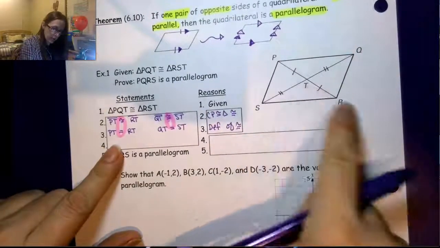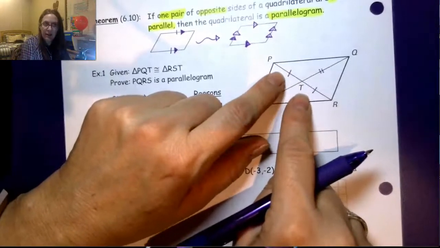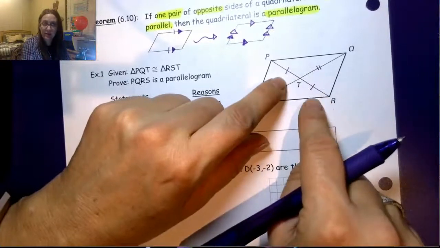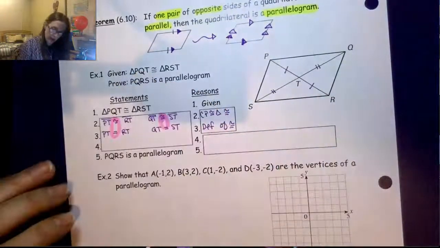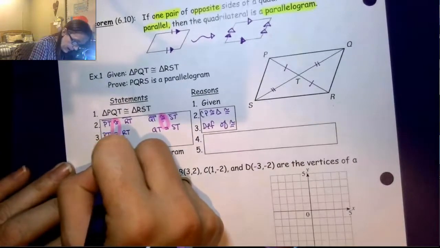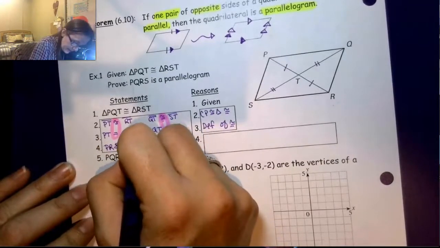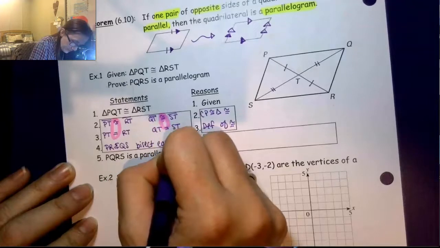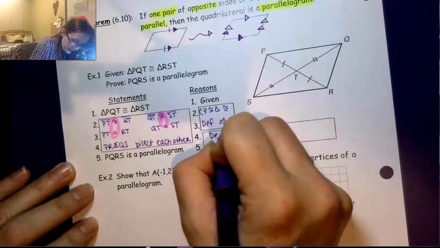Well, now if I know that those are equal to each other, doesn't that mean it cut it in half? Not all four of them are the same, but that was cut in half and this was cut in half. And cutting something in half means that PR and QS bisect each other, because that's my definition of a bisector.